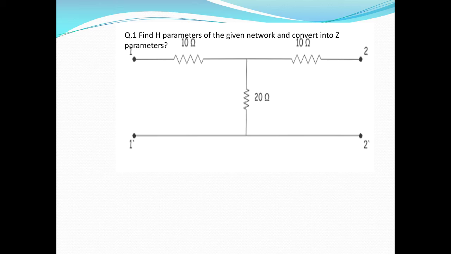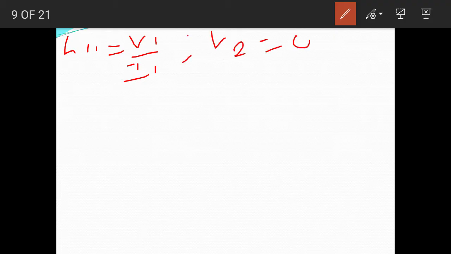So first we find H11. H11 is equal to V1 upon I1 when V2 is equal to 0.